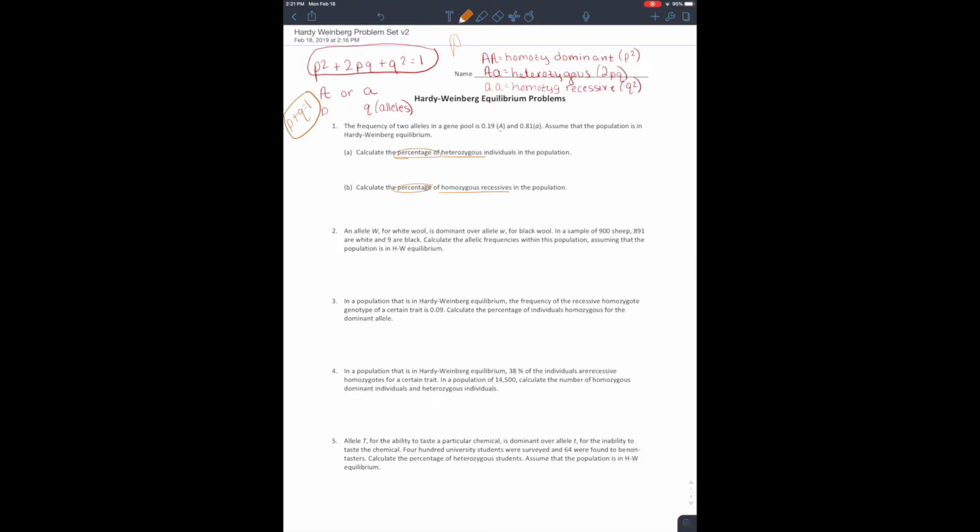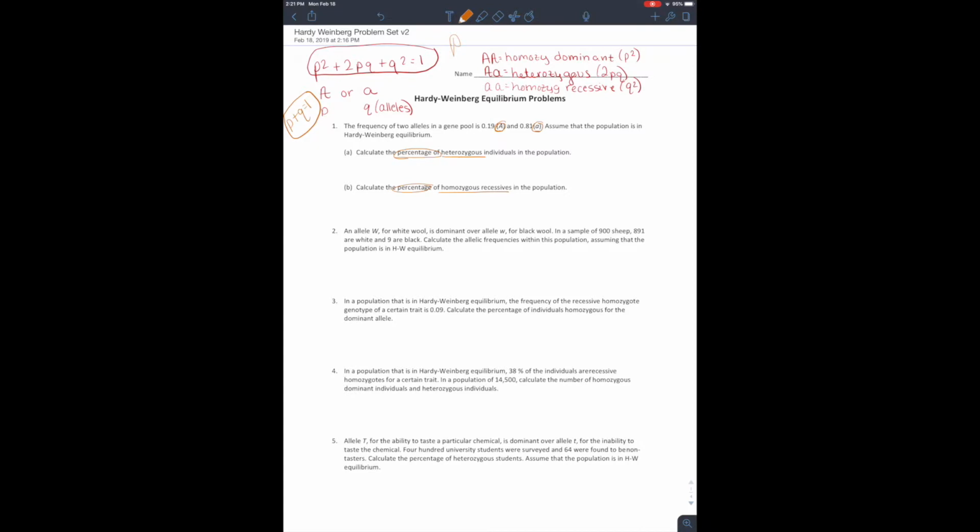It gives me big A and little a. Again, this is the frequency of just the dominant allele and the frequency of just the recessive allele. It is not telling you the frequency of being homozygous dominant, heterozygous, or homozygous recessive.